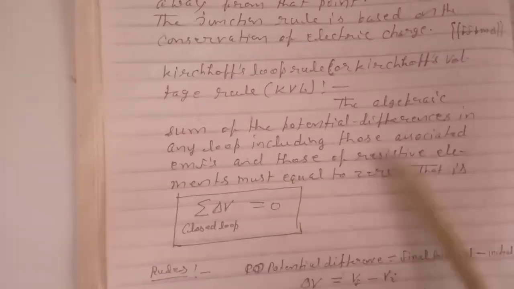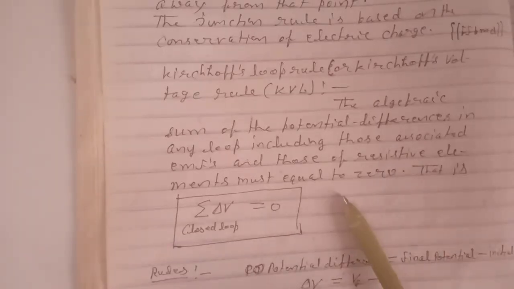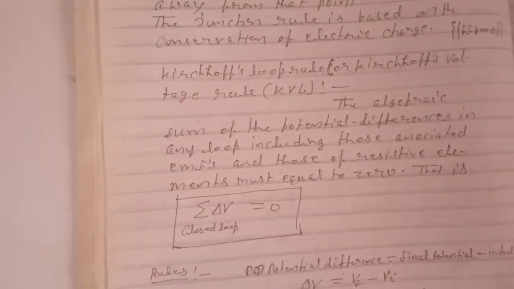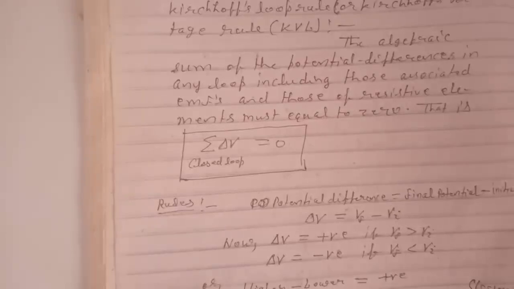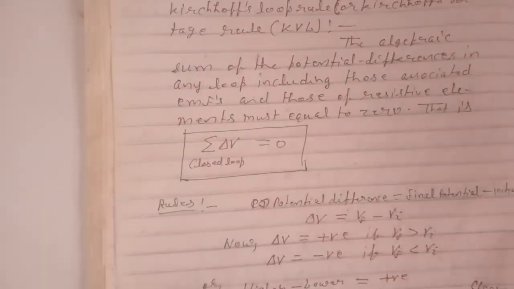That is, if we are given a closed circuit, then the algebraic sum of the potential differences about all elements should be 0. Now there are some rules to follow for taking the potential difference.